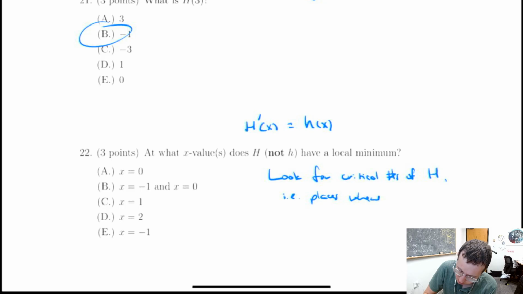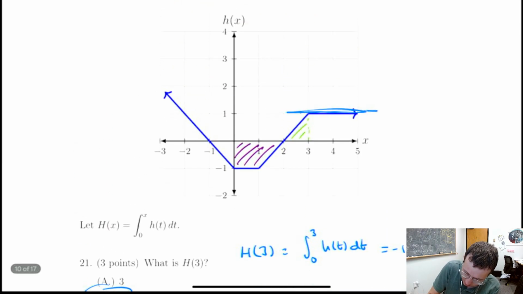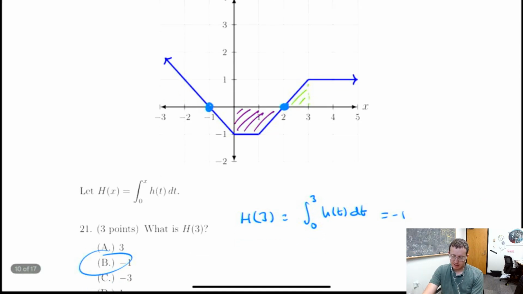I'm looking for places where h prime is 0 or undefined. But h prime is little h. So I'm not looking for places where the slope is 0, because I'm already looking at the graph of the derivative. I'm looking for places where that derivative, the derivative of capital H, is 0. So that happens at -1 and at 2.